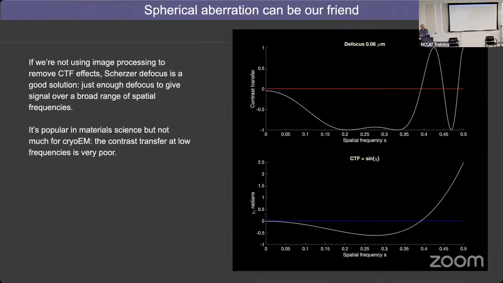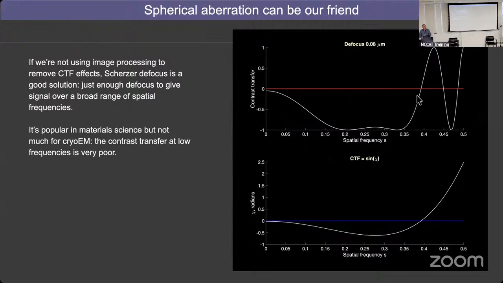Now, if you weren't doing image processing to remove the contrast transfer function oscillations, the best you can do is a very small amount of defocus, which gives you pretty much always negative contrast over a pretty big range of spatial frequencies.